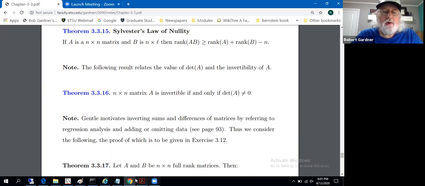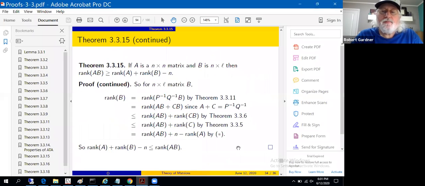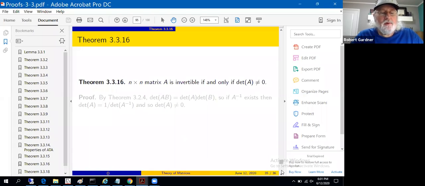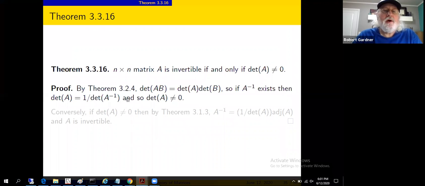All right, so let's peek at a proof of that. This goes back a ways, we've built up a fair body of knowledge here. First off, we know Theorem 3.2.4, the determinant of the product is the product of the determinants. So if A inverse exists, then we could say the determinant of the identity equals the determinant of A times the determinant of A inverse.